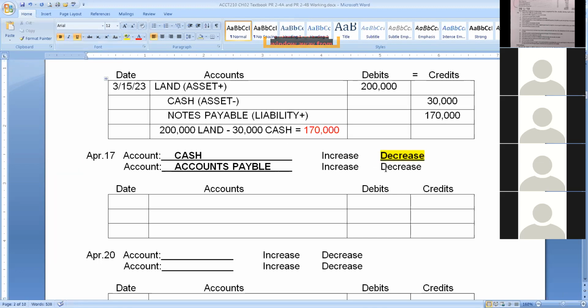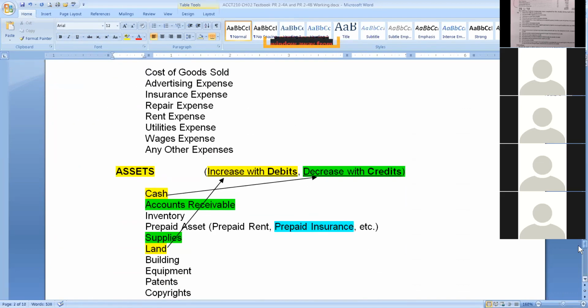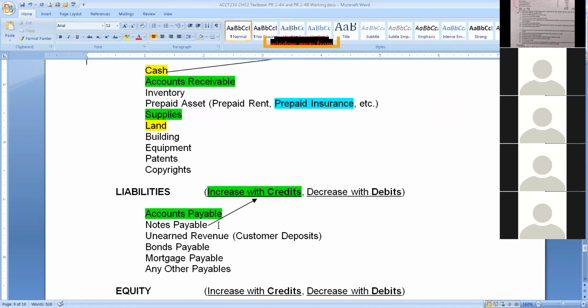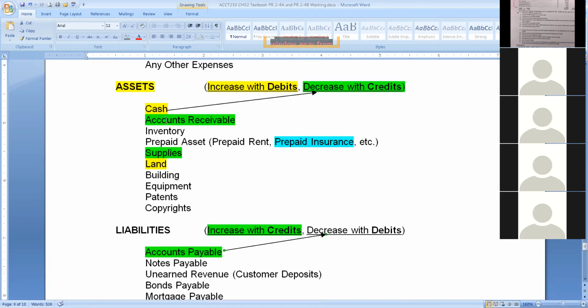And the tricky one, accounts payable. Oh, I already put it there. It's not tricky when you fill it in ahead of time. Accounts payable is also going down. So we're paying off the accounts payable. I like my little arrows. Okay, so cash is going to decrease with a credit. Accounts payable is going to decrease with a debit.